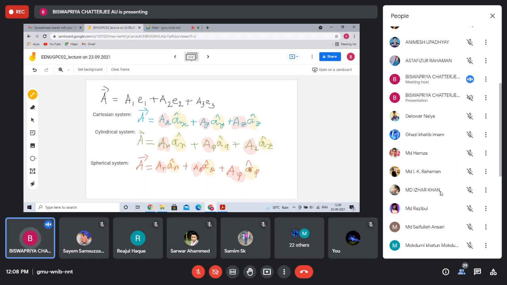So these are the representations of a vector in the respective three directions. A vector must have two components, one magnitude and one direction. So any vector can be represented in these three systems.